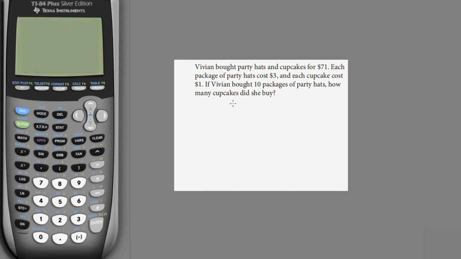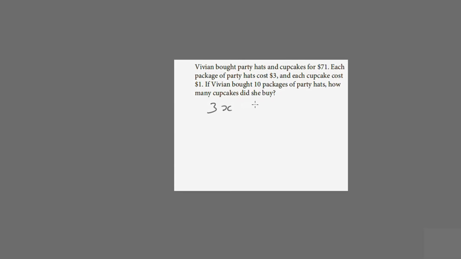If each package of party hats that Vivian bought costs $3, and remember the party hat is represented as X, so it's going to be 3x plus, and each cupcake costs $1, so it's 1 times y, that's y, equals 71 dollars.